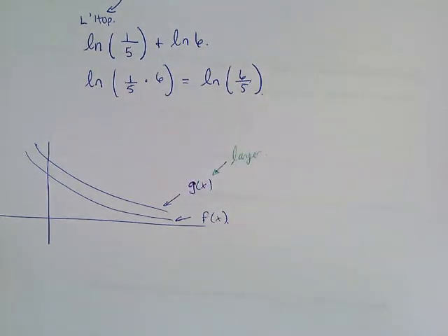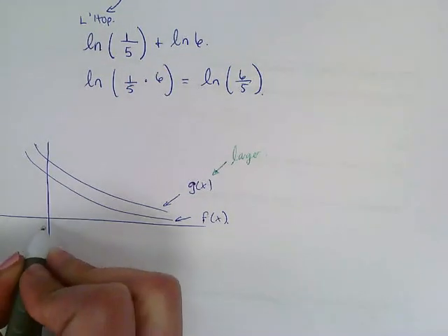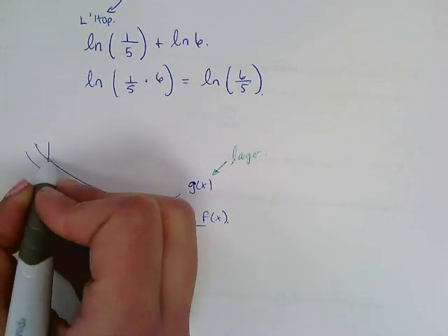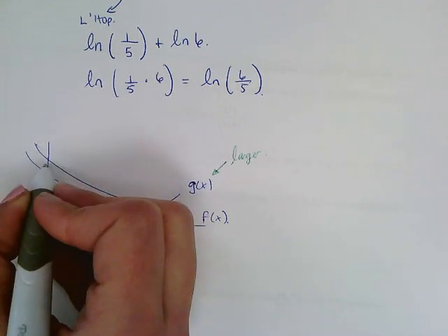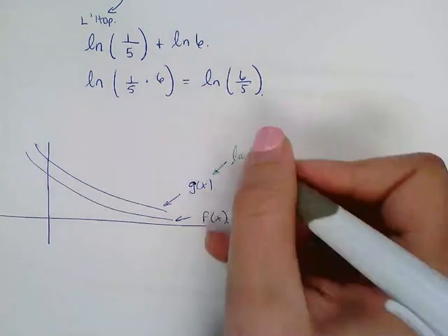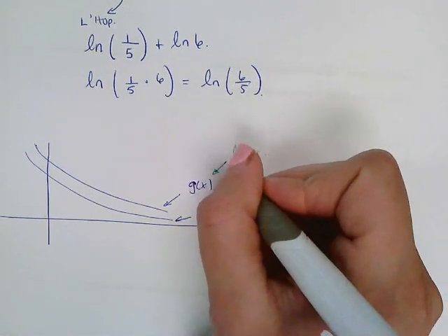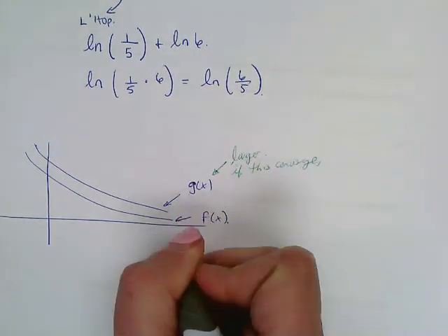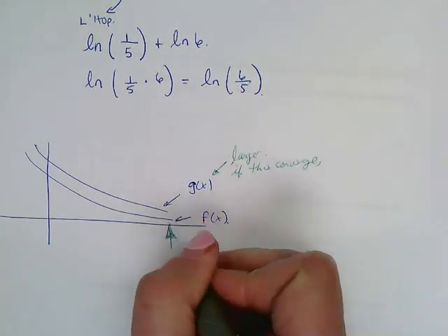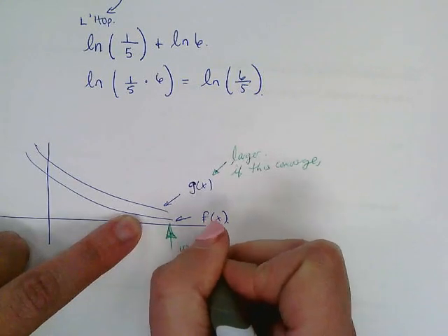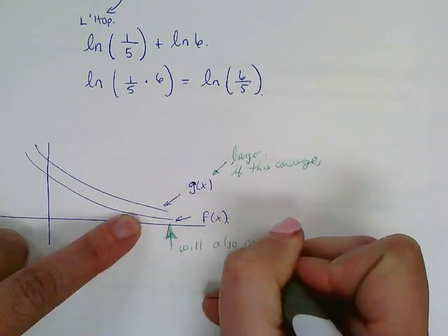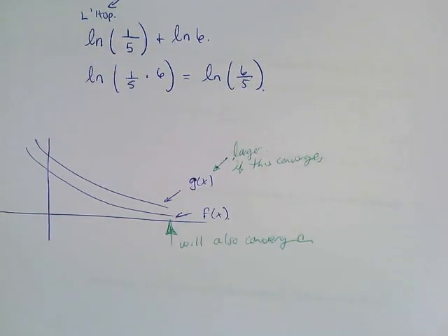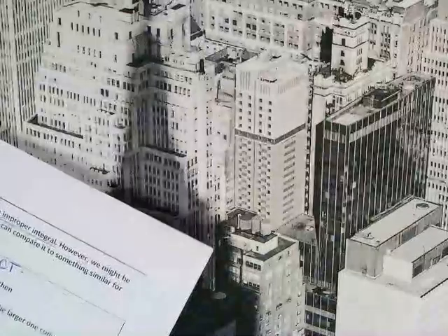Just because if I had to compare, let's call this one e, and this one's going to be e squared. So basically, if this converges, then guess what? This comparison graph will also converge. So you have to find a function that looks similar to what it is that you're talking about.